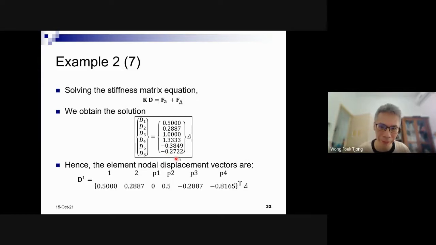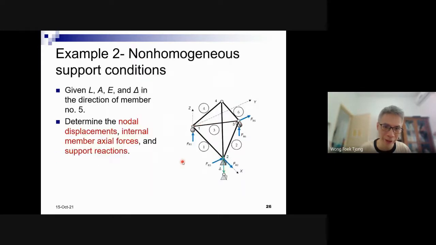Then you get this. This is the answer. I use a box, it means the answer. We get the displacement already, so we answer the first question, which is the nodal displacement. And then what next?